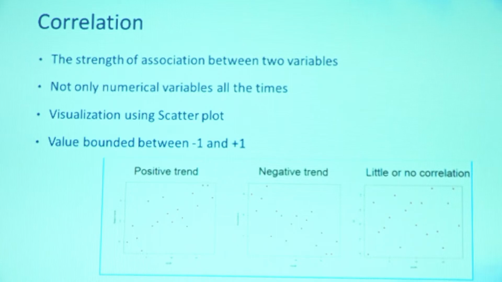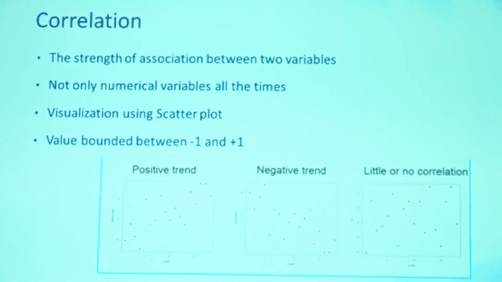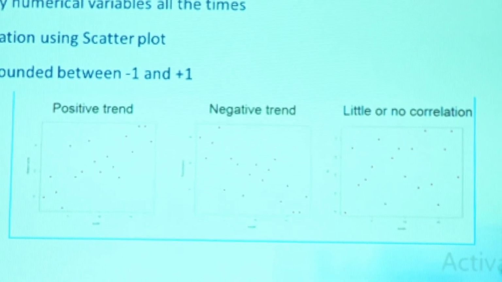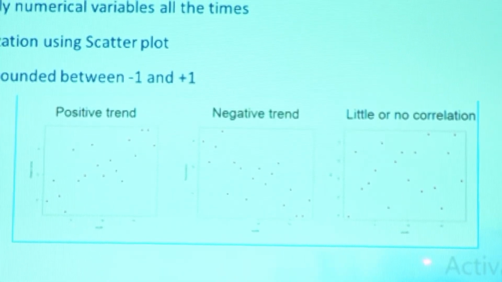Visualization of the scatter plot, you can see this is a positive trend. That's a negative trend. I plotted a scatter plot for price. What trend was it? We did a scatter plot. It is a negative trend.